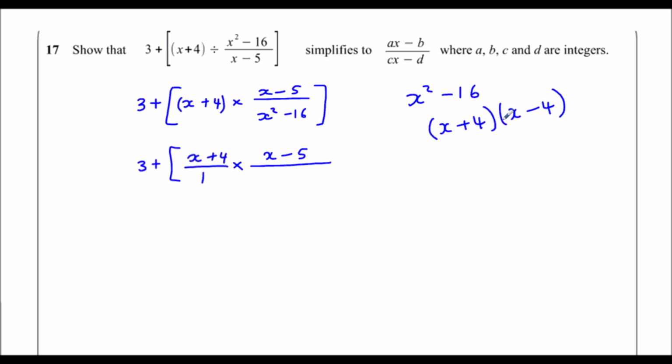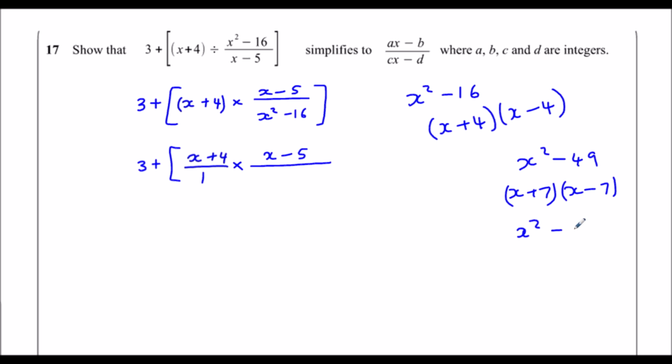So if I expanded these brackets, I'll get x squared minus 4x plus 4x, which adds up to nothing, minus 16. So whenever you have two square numbers, we can do this. So x squared minus 16 is x plus 4 and x minus 4. X squared minus 49 is x plus 7 and x minus 7.